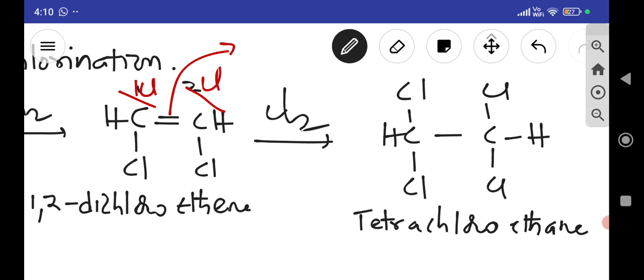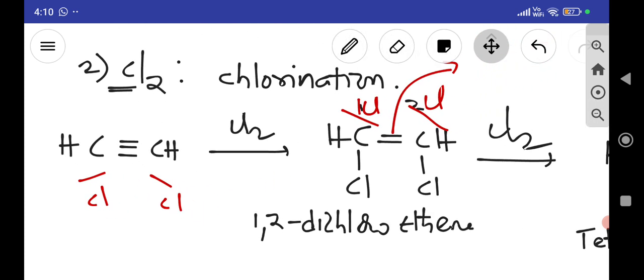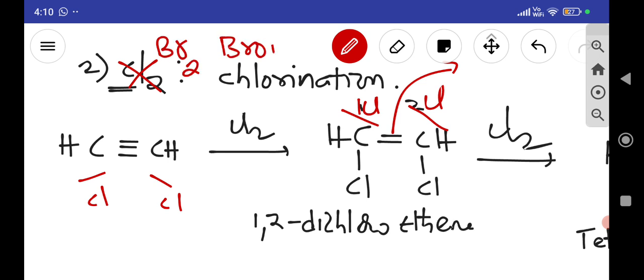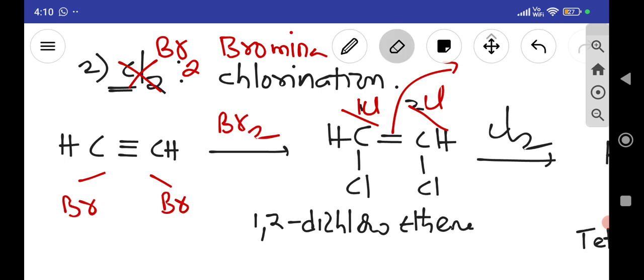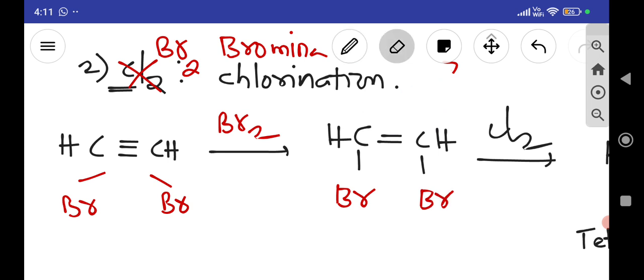Similarly, if you are taking bromination, imagine in the place of chlorine, take bromine Br2, and this reaction becomes bromination. As simple as that, in the place of Cl you are taking Br. One Br is added, another Br is added here. Similar to chlorine, we are doing the same reaction.